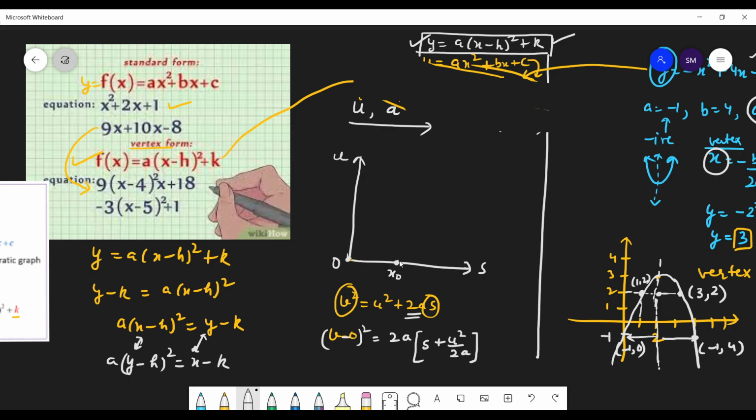The point is, this is the standard form. So students, what will be the value of x naught here, from where we need to start this graph? Can you tell me?